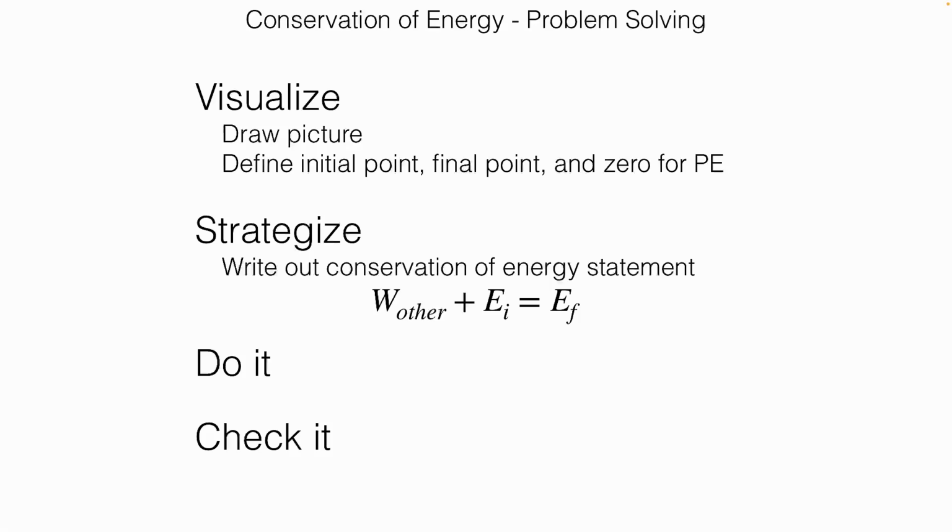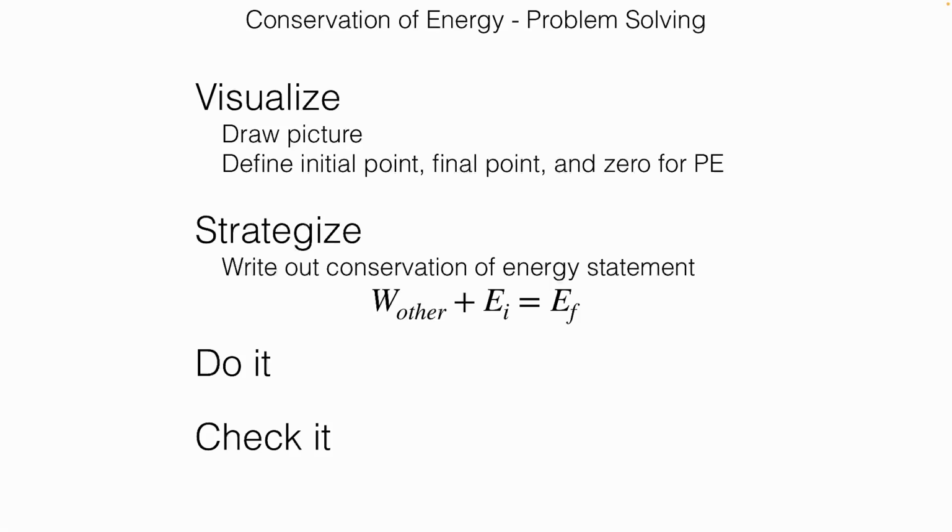Sometimes it's useful to see what forces are acting, but not absolutely required like it is in Newton's second law. In Newton's second law, if you don't have a free body diagram, good luck figuring out the correct equations. But with energy, the picture is more just a way to categorize information. You can even make a list if you wanted to. But the picture does help, especially when you're trying to pick where 0 needs to be.